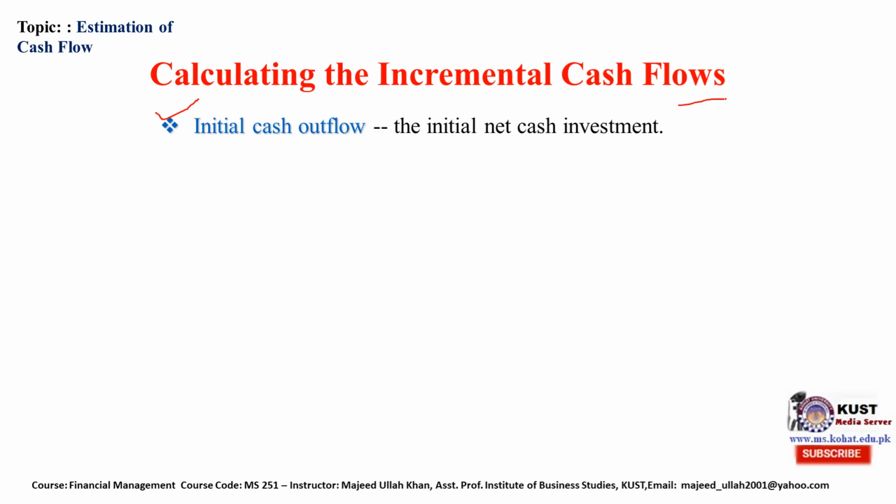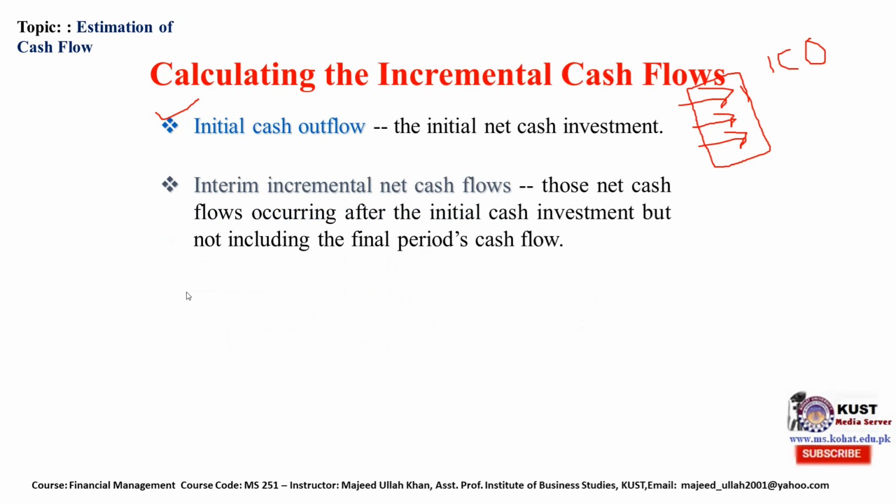It will pay the cost of the asset, it will pay installation charges, and there may be an increase in working capital for that specific machinery. So all these will be included as initial net investment, normally denoted as ICO, initial cash outflow.